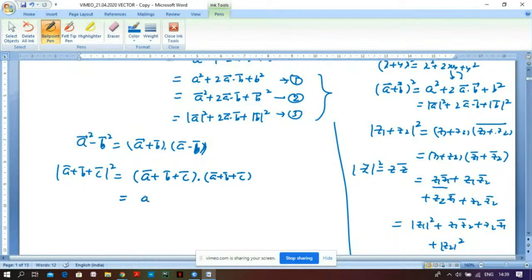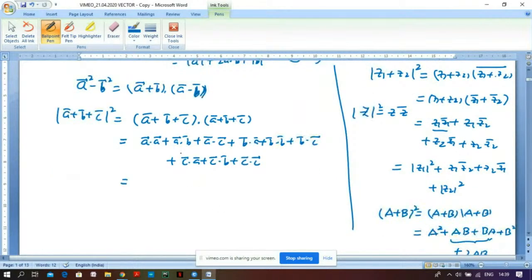So a dot a, then a dot b plus a dot c. Start from b, you will get b dot a, b dot b, b dot c. That is term by term. c dot a plus c dot b plus c dot c.